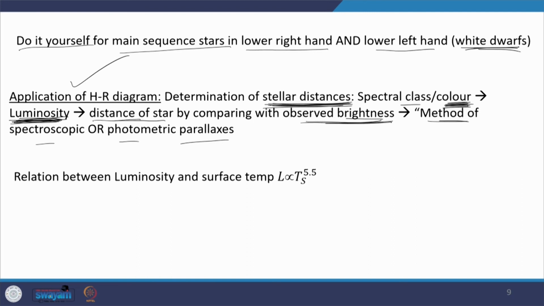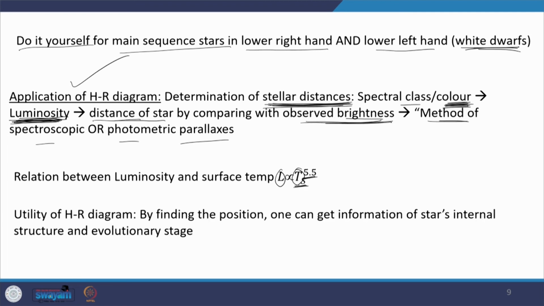And let me complete this topic of the HR diagram by giving you a mathematical relation between the luminosity of a star and the temperature of a star. It is about 5.5 in the power. Luminosity is proportional to surface temperature to the power of 5.5.